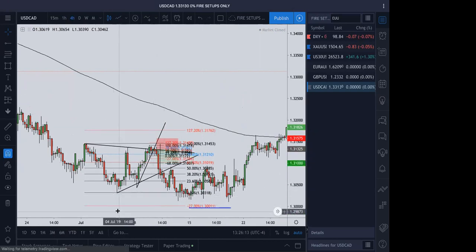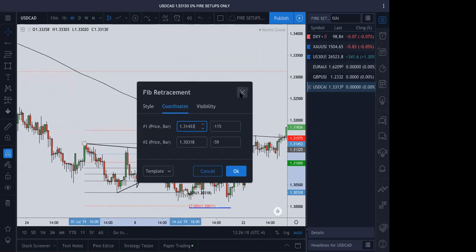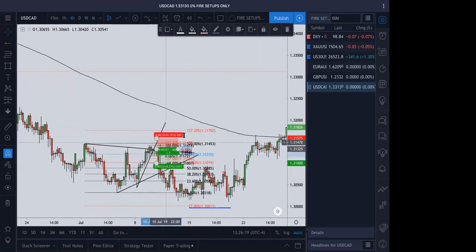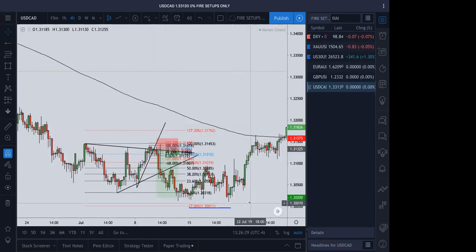So 1.3200. Okay, let's click on the risk reward. Click OK, and let's check what was the move.